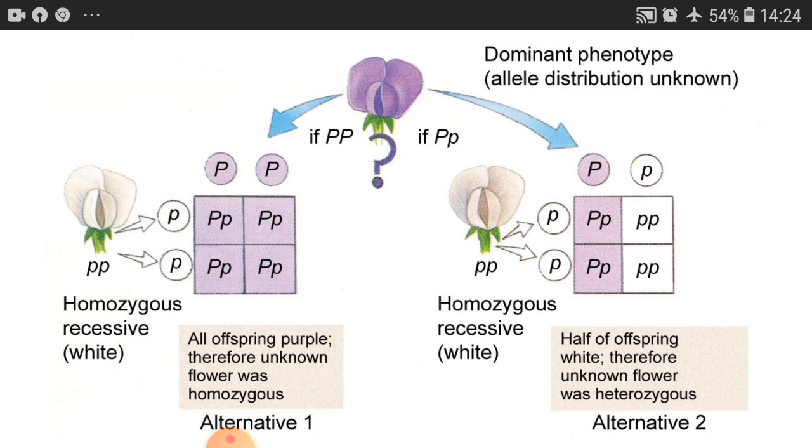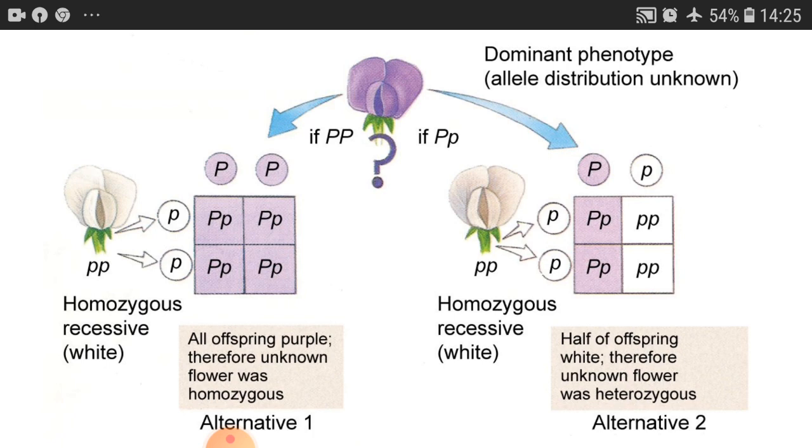That means if this flower, the violet color of the flower, we have to check whether it is homozygous or heterozygous. What should we do? It is back crossed with the parental recessive type. So here the homozygous recessive is the white flower.